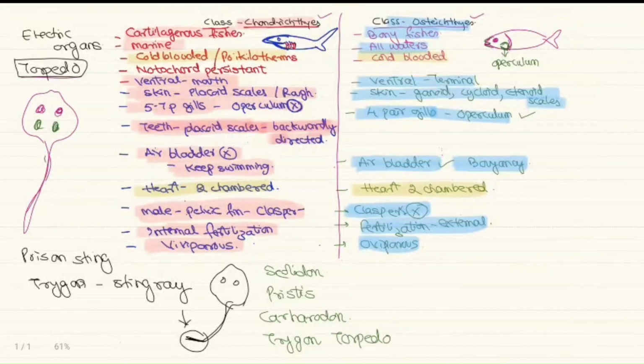The common examples of osteichthyes are Exocetus, it is also called as the flying fish, Hippocampus, called as the seahorse.